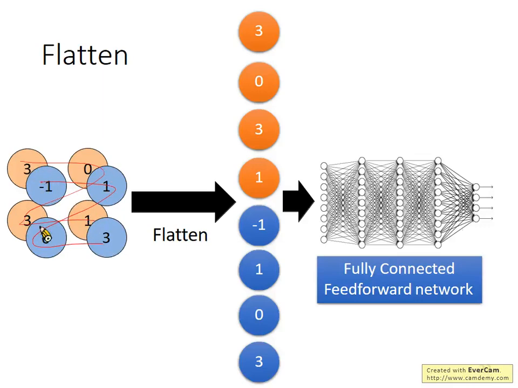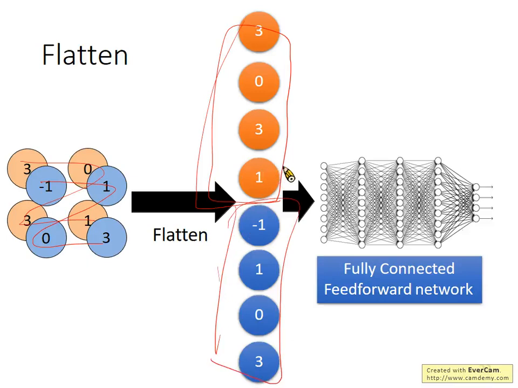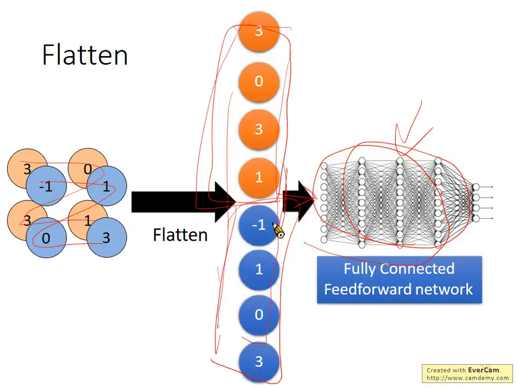So we get 3, 0, 3, 1 as the first part. And then we get -1, 1, 0, 3 as the second part. And then we concatenate this result as a vector. And we input this vector into a fully connected neural network. And this part is for classification. And the 3, 0, 3, 1, -1, 1, 0, 3, these are actually the extracted features from the original image based on the concatenation of different filter responses.